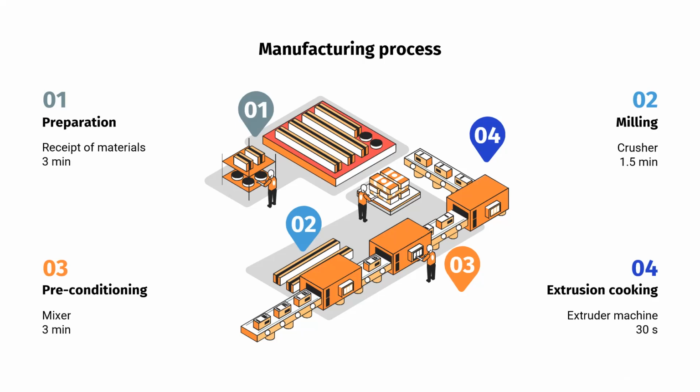Next, we have the preconditioning, which is done with a mixer that adds water to this flour made in the previous process, and the extrusion cooking, where the dough is cooked in the extruder machine. This small stage here is about a quality process that is done in this part of the process.